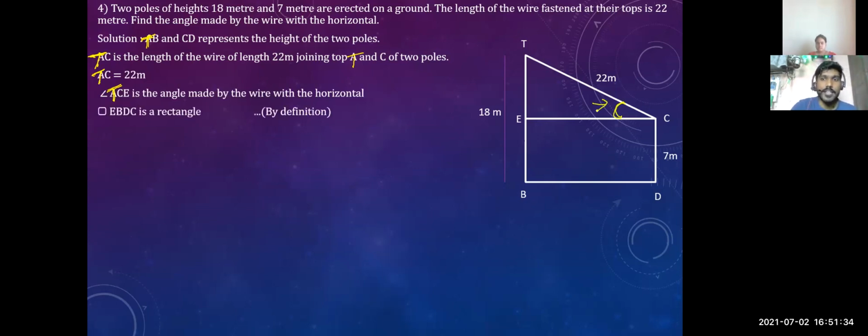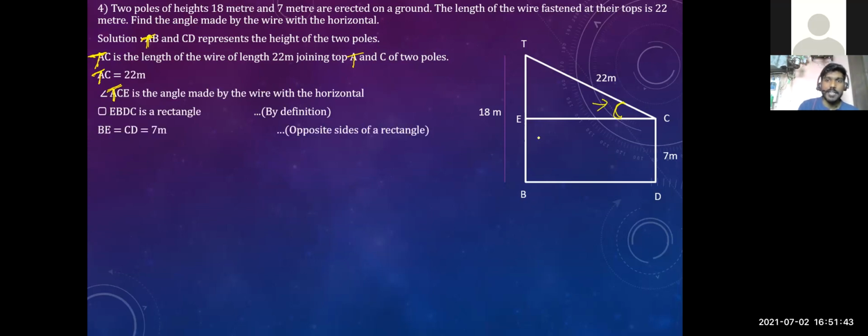Now EBDC is a rectangle. By definition it's a rectangle, and you can clearly see it from the figure. Now DE and CD, both of them will be 7 meters, as opposite sides of a rectangle are equal.